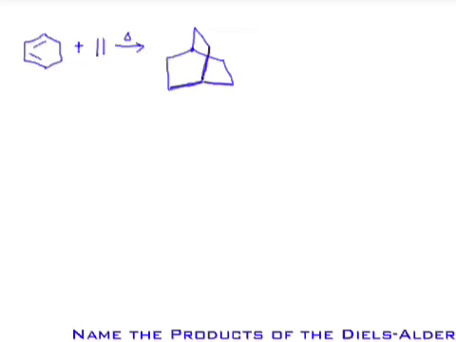So those are my bridgeheads. And we had an alkene here. We then went on and hydrogenated it, with H2 gas and platinum.